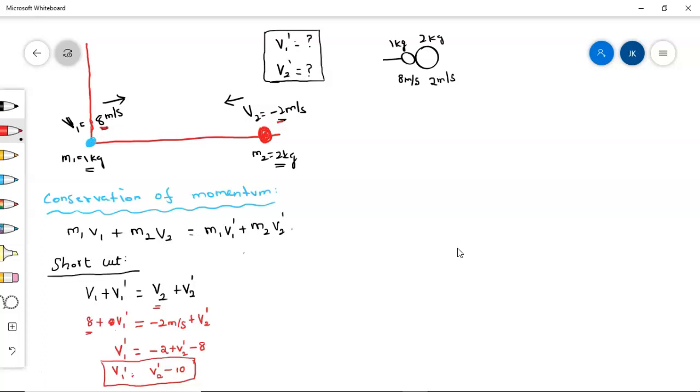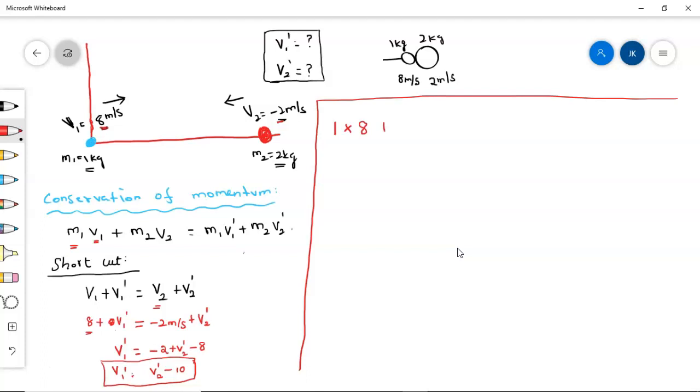Now we can substitute the values in the conservation of momentum. So m1 is 1 kilogram, v1 is the initial speed of the first object, plus m2 is 2 kilogram and the initial speed of the second object. Be very careful, don't forget to put the negative sign because it is the left side velocity. Then mass 1 kilogram and v1 prime as it is, plus mass of the second object 2 kilogram and v2 prime as it is.